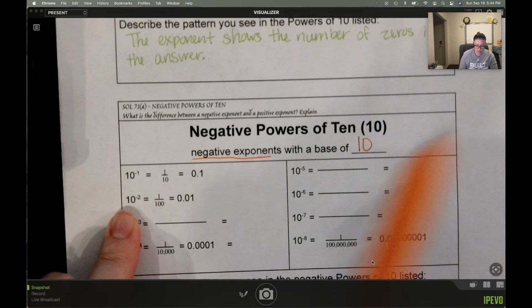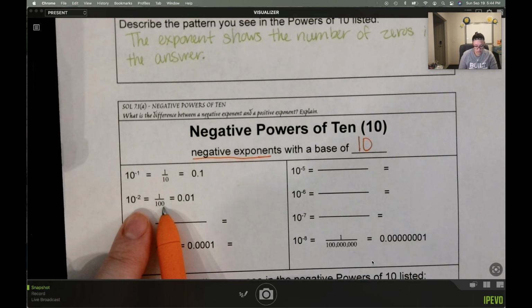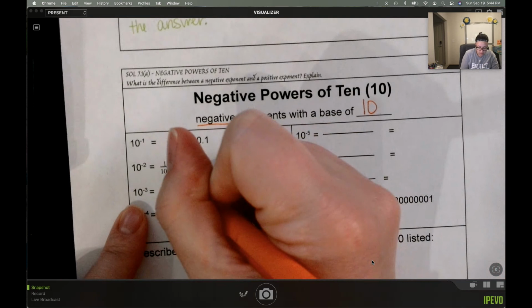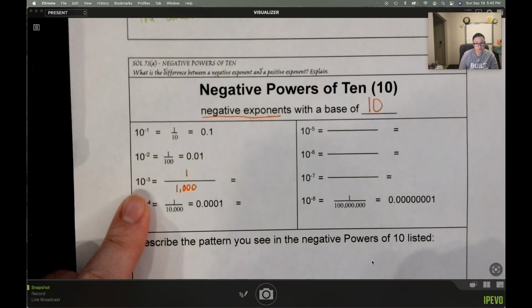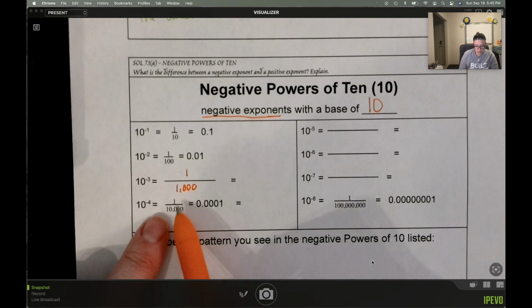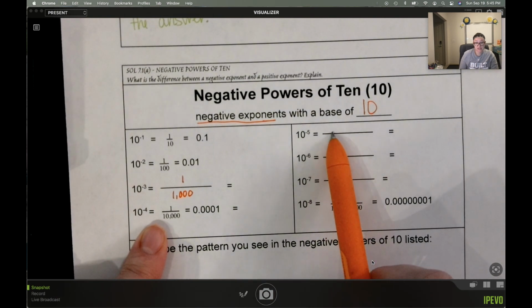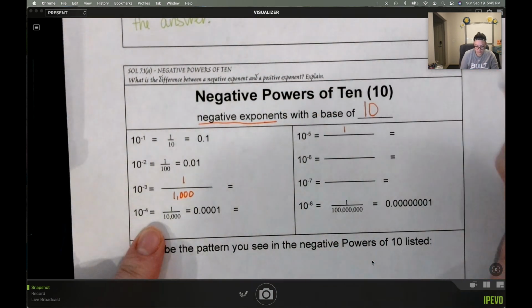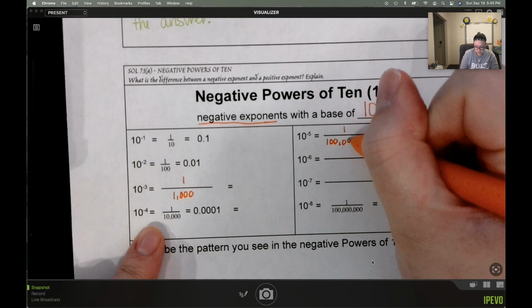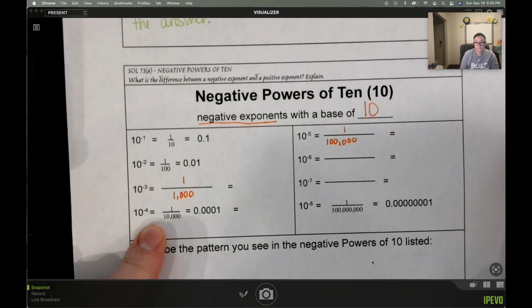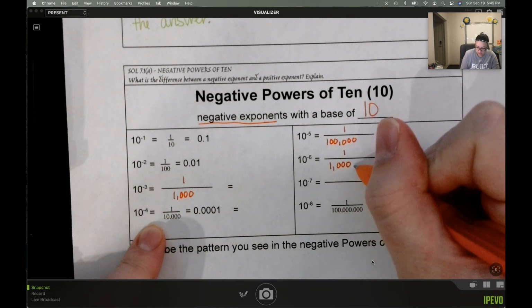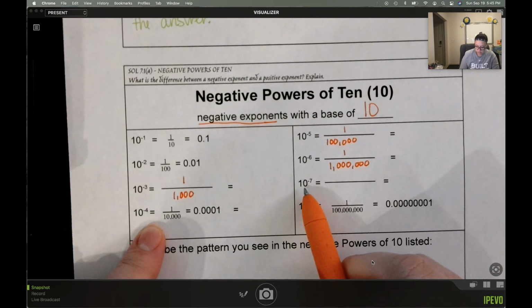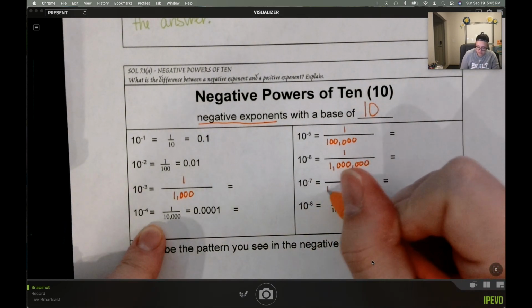So 10 to the negative 2 would be 1 over 100. 10 to the negative 3 would be 1 over 1,000. 10 to the negative 4 would be 1 over 10,000. 10 to the negative 5 would be 1 over 100,000. 10 to the negative 6 would be 1 over 1 million. 10 to the negative 7 would be 1 over 10 million.